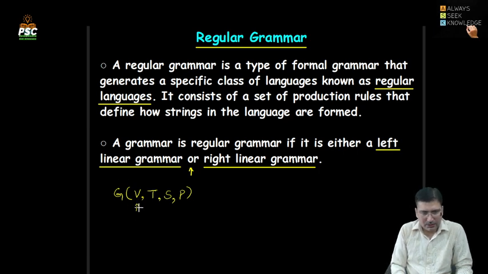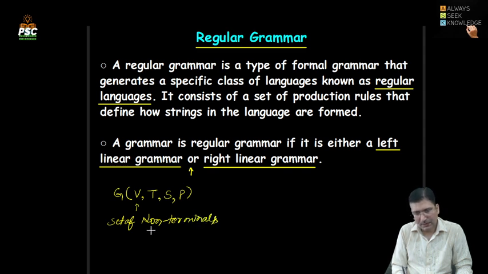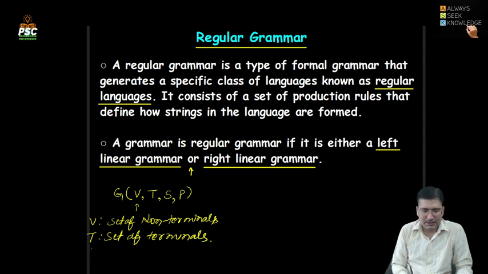So V is the set of non-terminals, T is the set of terminals, S is the starting symbol of the grammar, and P is the set of production rules.